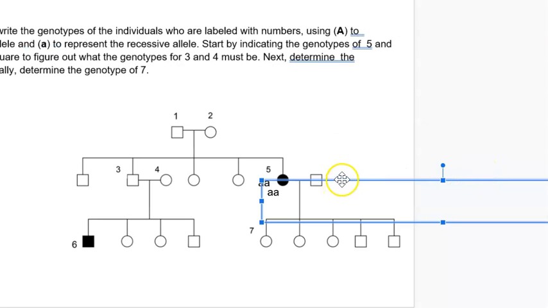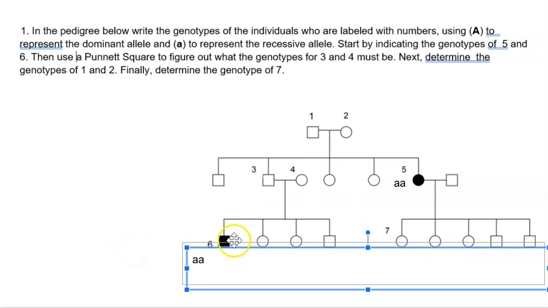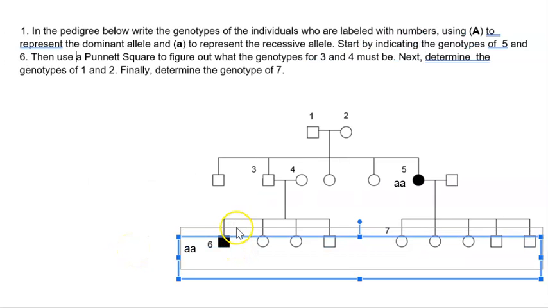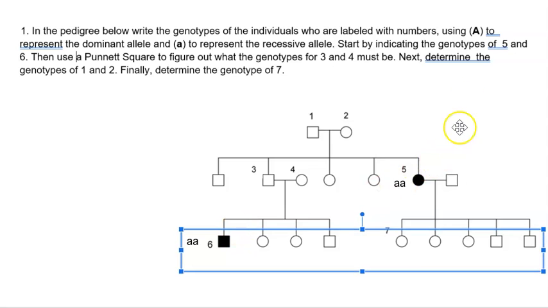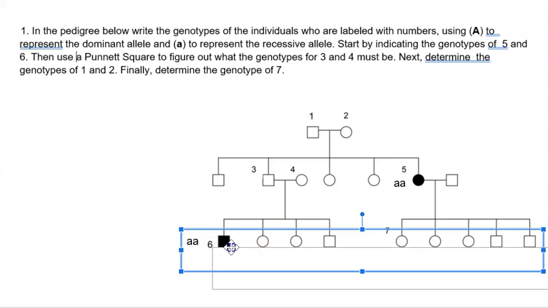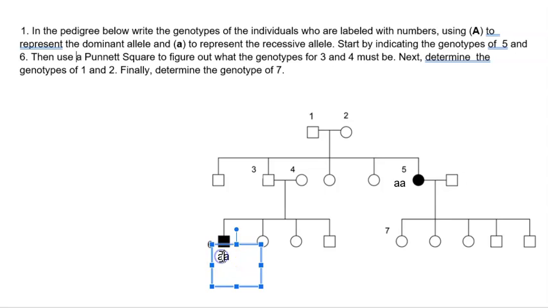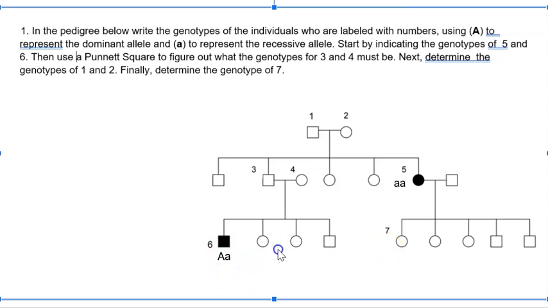We do the same thing for number 6. Just put their genotype right down there by them. So how do we know it's lowercase a, though? How do we know it's not capital A, lowercase a? Like, what evidence do we have to suggest that? Well, if their genotype was something like this, then they wouldn't have the condition, right?